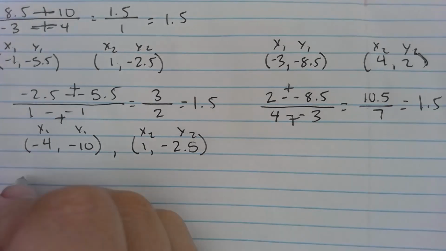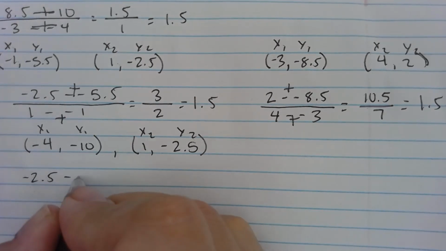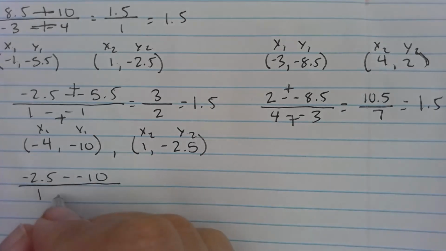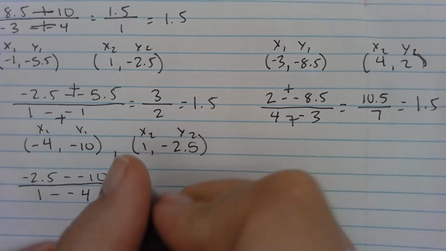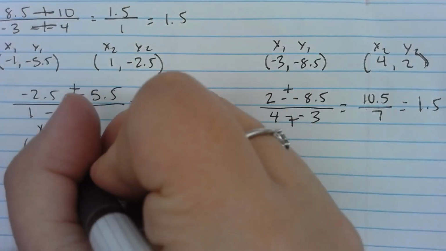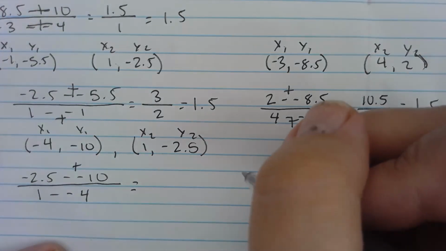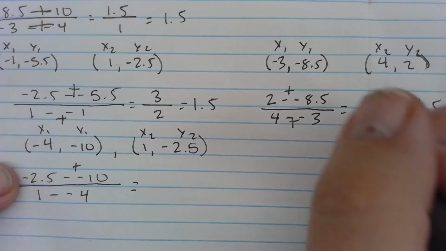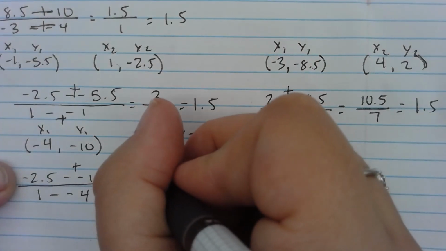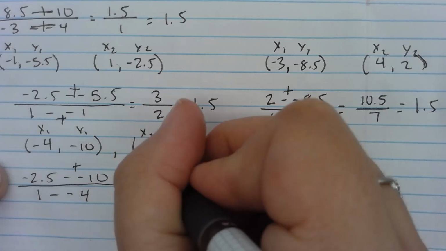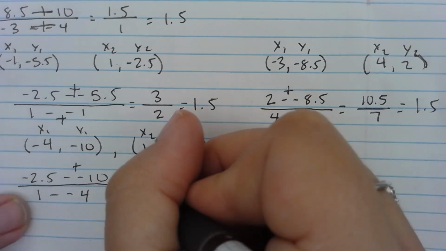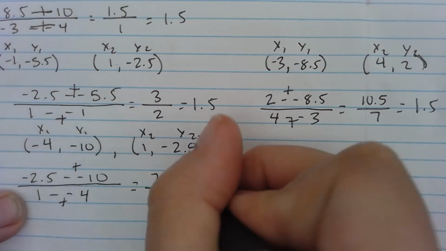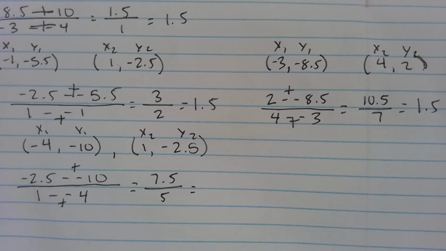Okay, so we're going to do 2.5 minus negative 10 over 1 minus negative 4. So we can do a plus. Negative 2.5 plus 10 is 7.5 divided by plus 4 is 5. Anybody want to guess what that's going to end up being?